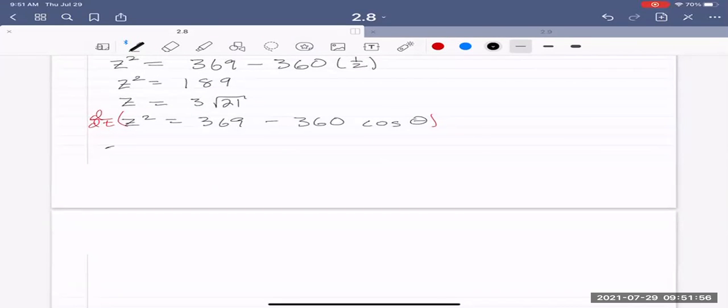I get 2 z dz dt. The derivative of 369 is 0. So minus 360 times the derivative of cosine. Well, the derivative of cosine is minus sine, so that changes the negative to a positive. Times the derivative of what's inside, d theta dt.